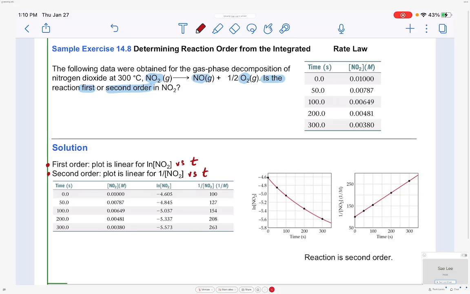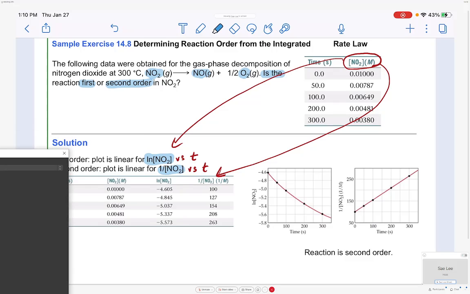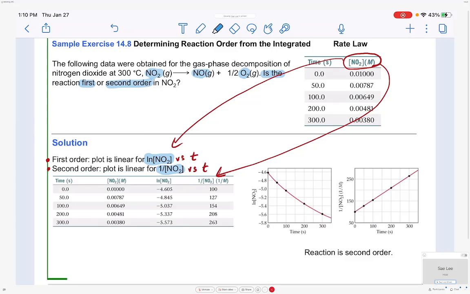Okay, so what we have to do is, you are provided molar information, and you want to convert this into natural log of NO2, and you want to convert this into 1 over NO2 concentration. And then you want to plot it and see which one gives you a linear line.